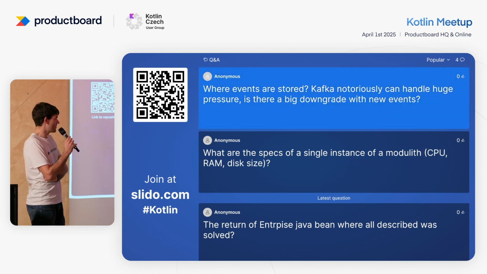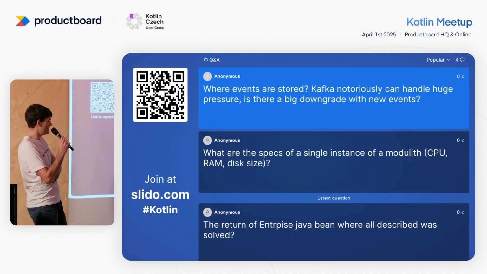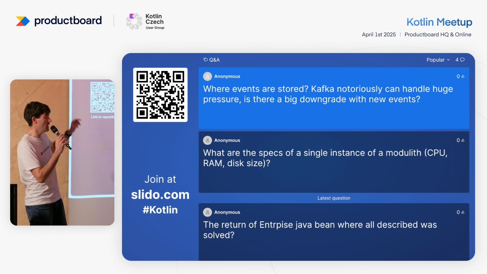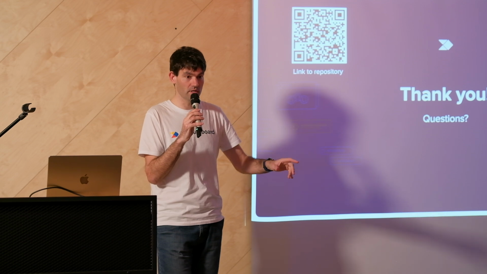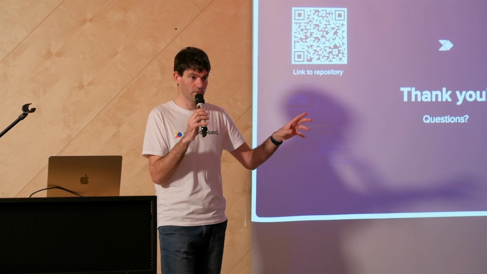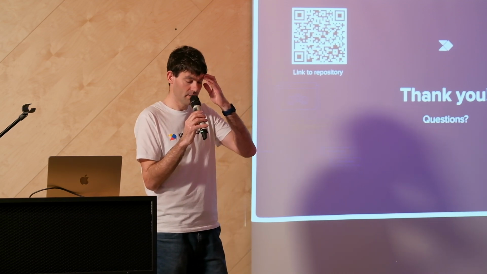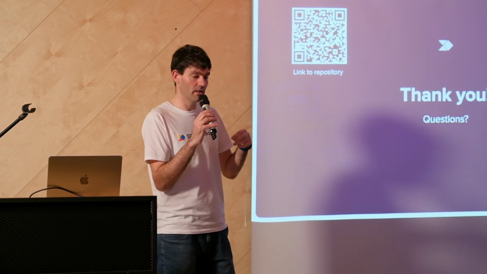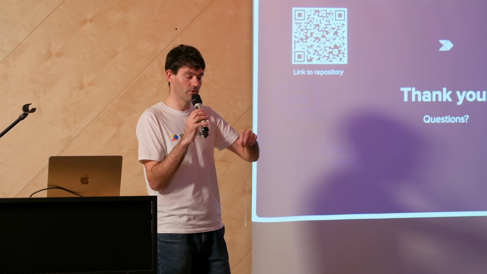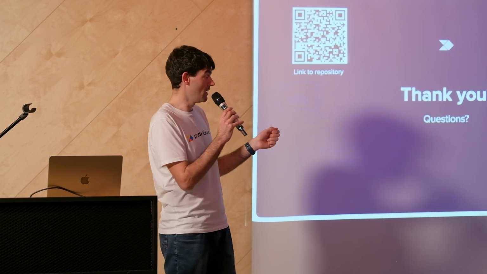Where are events stored? Kafka notoriously can handle huge pressure. Is there a big downgrade with new events? I probably didn't get the question. Spring events are synchronous, basically, so if you don't set it differently, they are processed during the flow of your request.